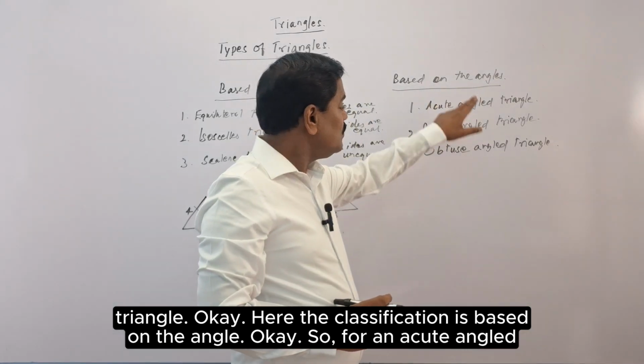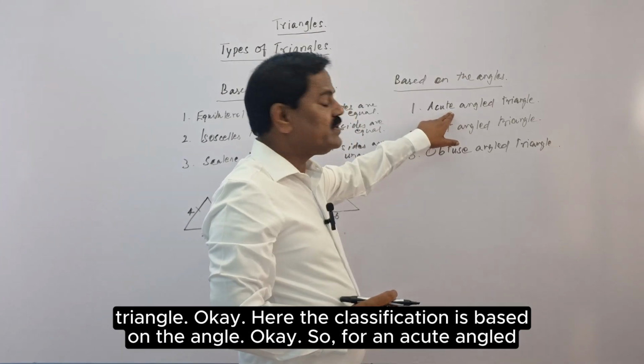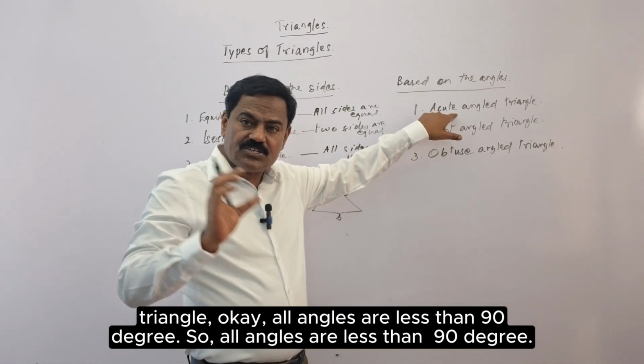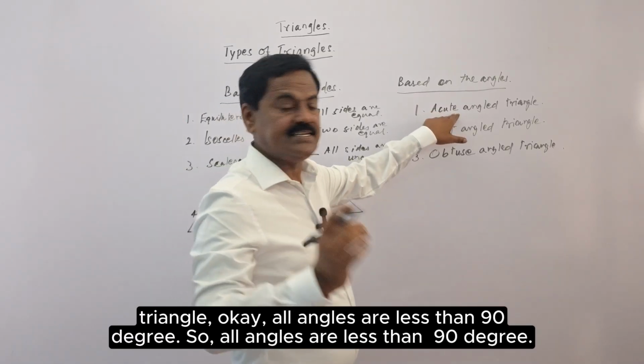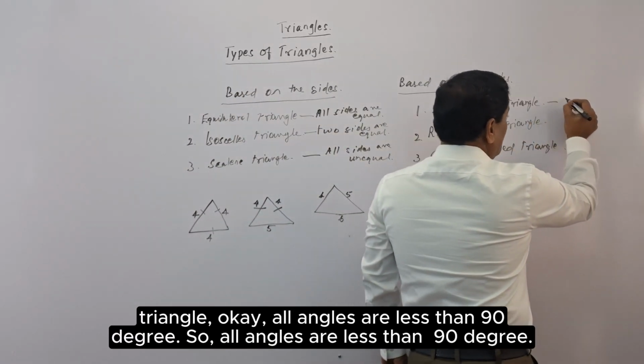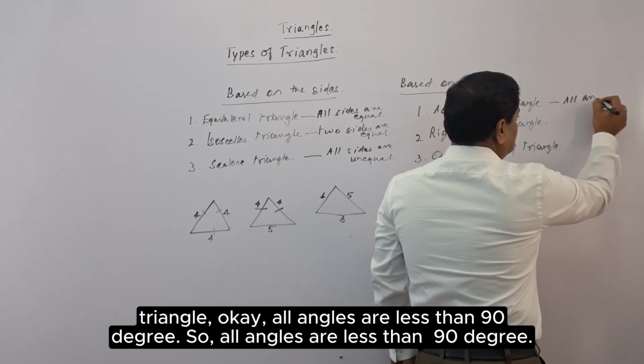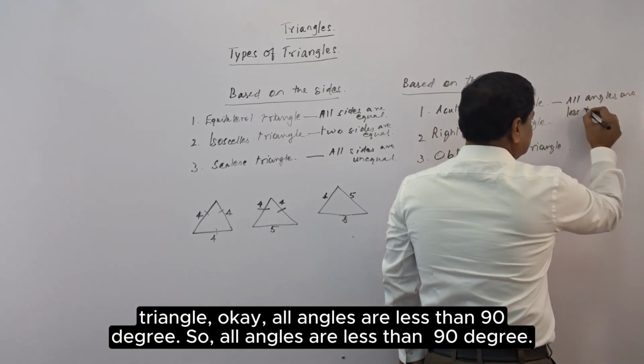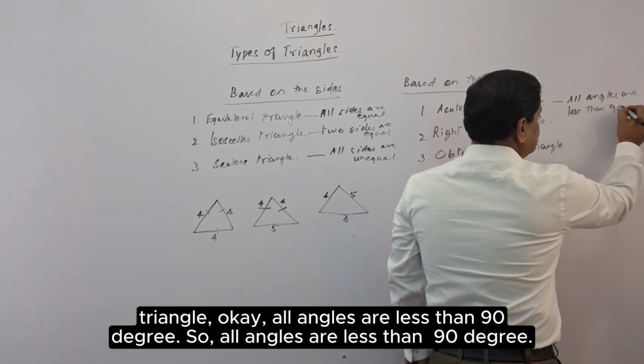Okay, so for an acute angled triangle, all angles are less than 90 degree.